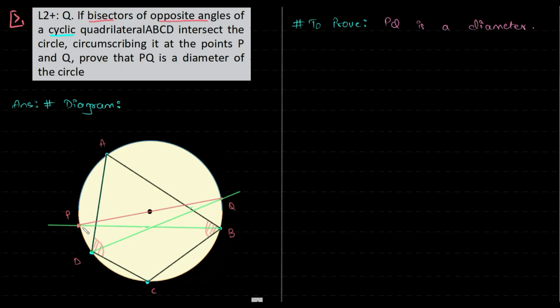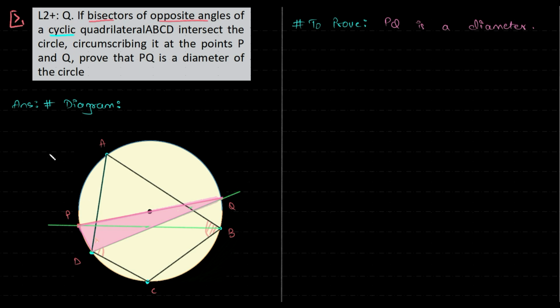If I join something like this, this by default is 90 degrees. So this is a right angle triangle. If you prove that it's a right angle triangle, we are done.